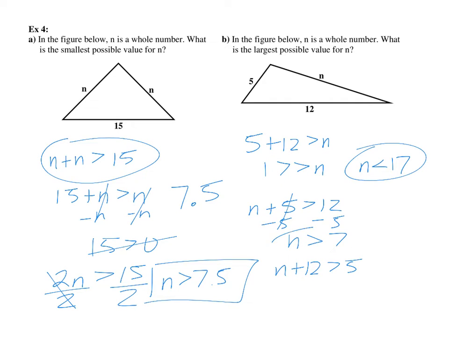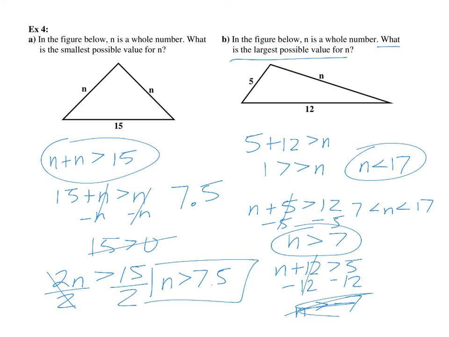All right, these are key pieces of information right now. For this one I get a negative number. I don't need that information. All right, so n has to be between 7 and 17. Answering the question, what is the largest possible value for n? That would be 17.